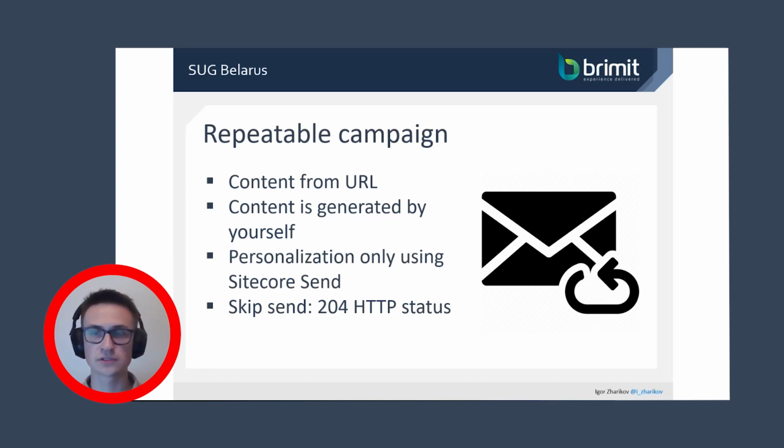But you can still use personalization tags inside your campaign body. And if you want to skip the campaign sending, probably the best way is to return a 204 HTTP status, which stands for no content response. Or if you prefer, you can use any non-success HTTP status, 400, 500, and so on.